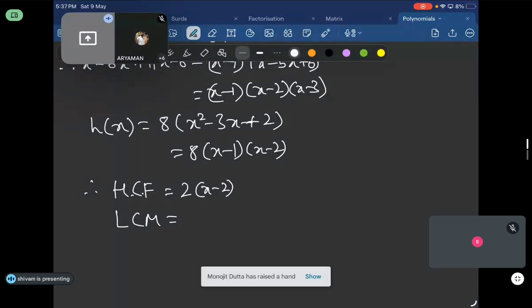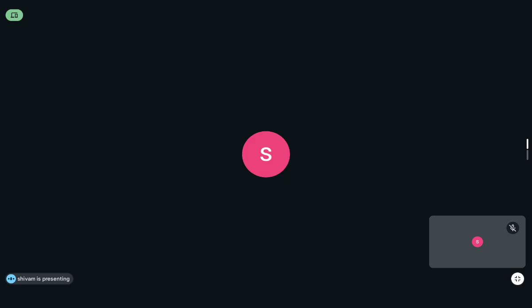Only one person is raising a hand. Okay, Satyaki, tell me, what is the LCM? Sir, it is 24 into x minus 1 into x minus 2 into x minus 3. 24 into x minus 1 into x minus 2 into x minus 3.